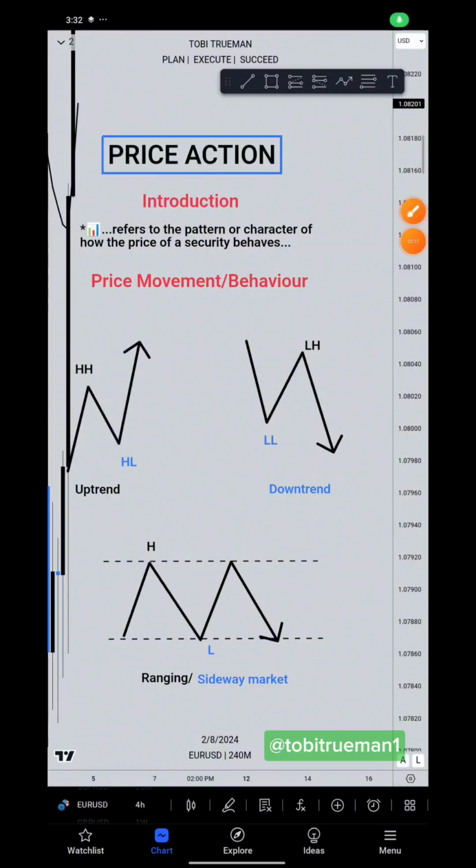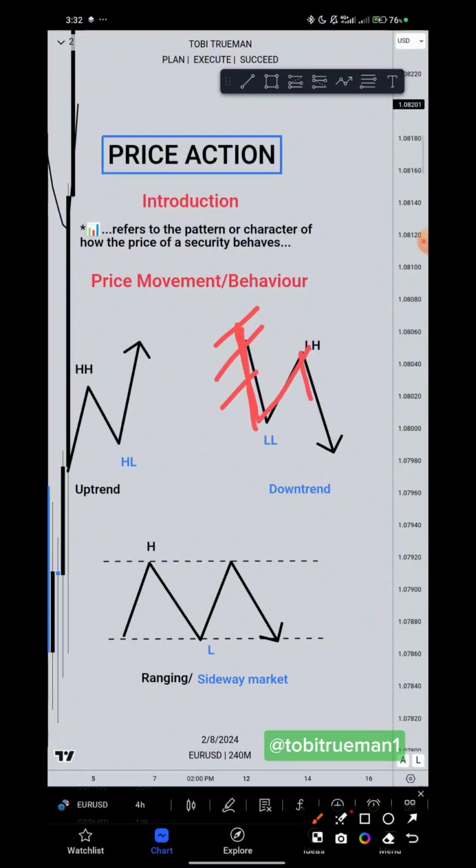The same principle we apply when we are looking for a downtrend. How do we know when price is making a downtrend? The price will make a series of candlesticks, forming different candlesticks, and after some candlesticks there will be a pullback, and then the price will come down again to continue the move.